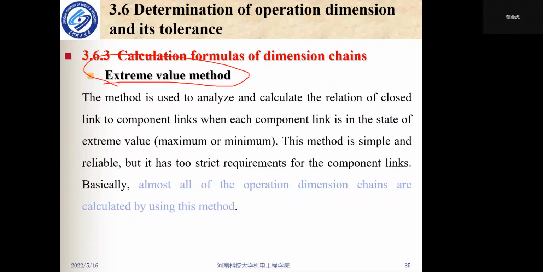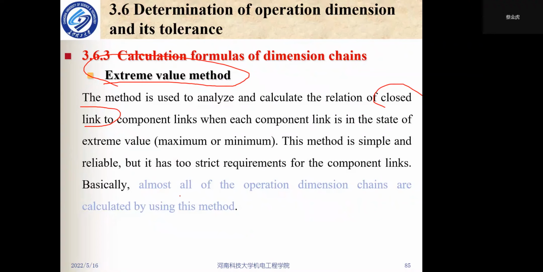The method is used to analyze and calculate the relation of the closed link to the component links when each component link is in the state of extreme value, minimum or maximum. This method is simple and reliable, but it has two strict requirements for the component links.